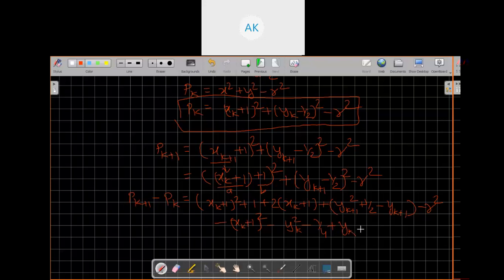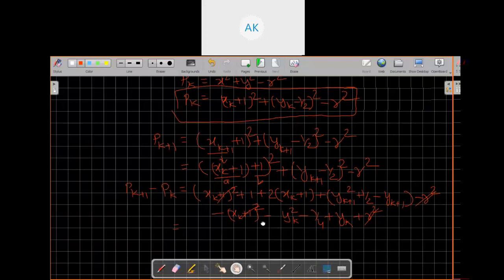Okay, and minus plus r square. Okay, minus r square plus r square cancel out, and your xk plus 1 whole square minus xk whole square will cancel out. So just write the remaining terms.